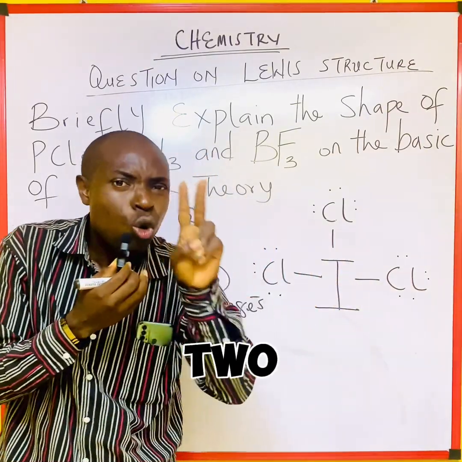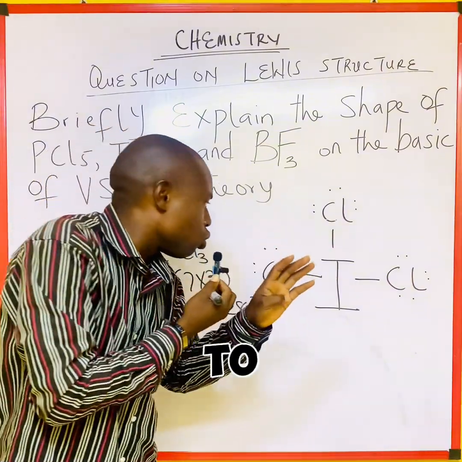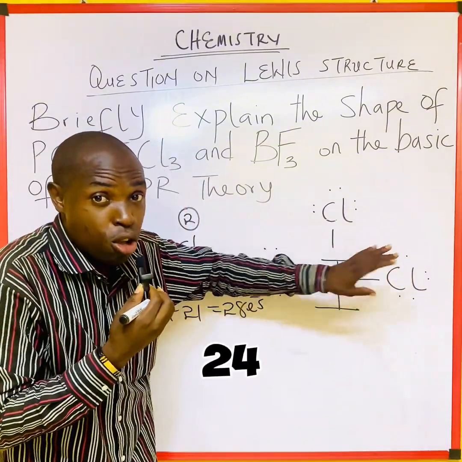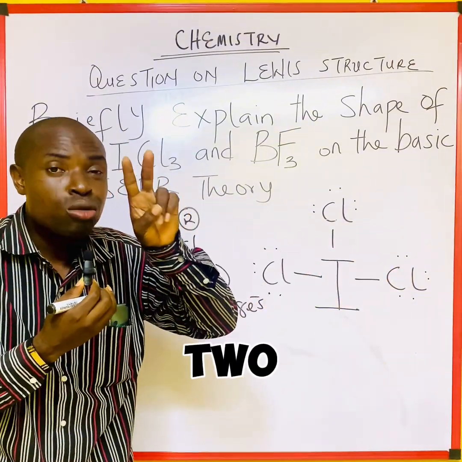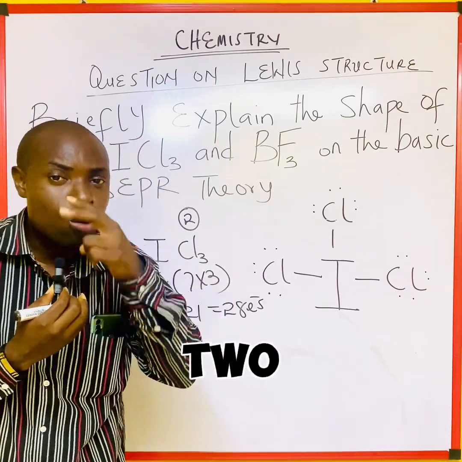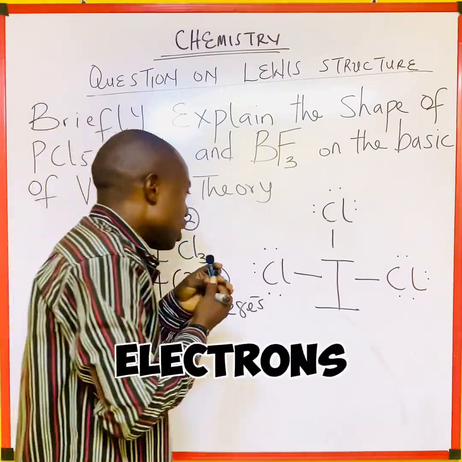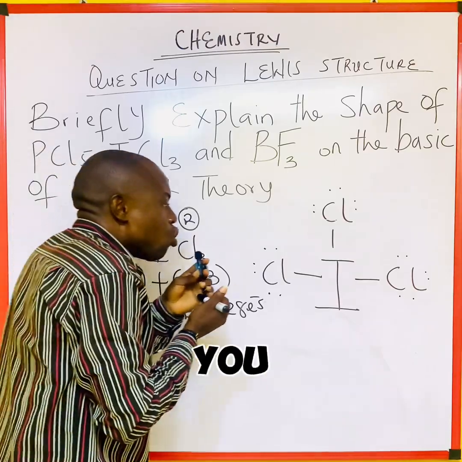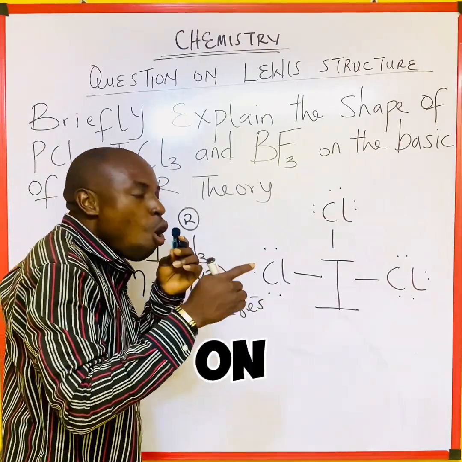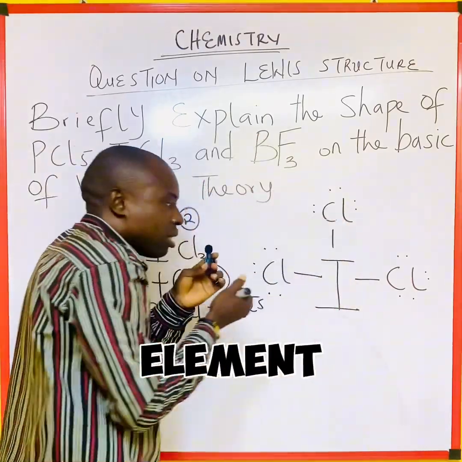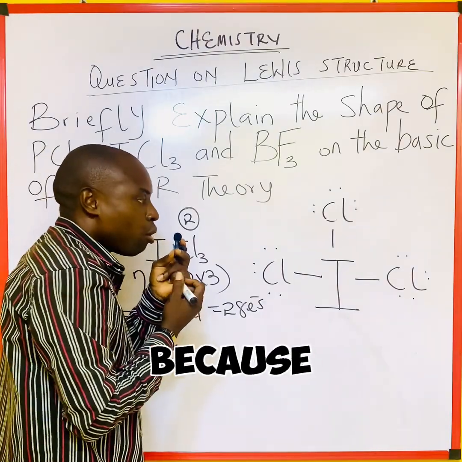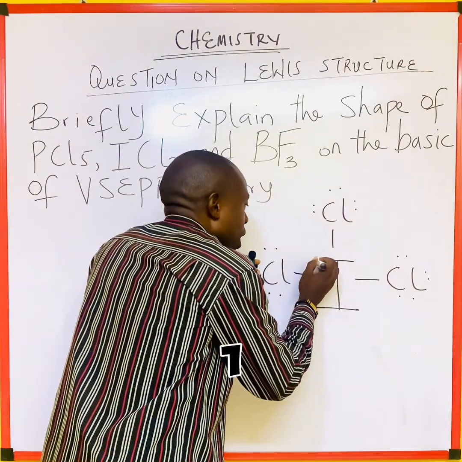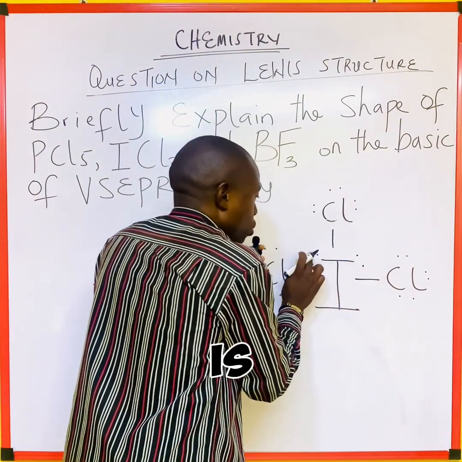Here is 24, so you need 2 lone pairs, which is 4 electrons remaining. You will now have to put them on the central element, because 4 is remaining, which is 1, 2, 3, 4, which is 2 lone pairs.